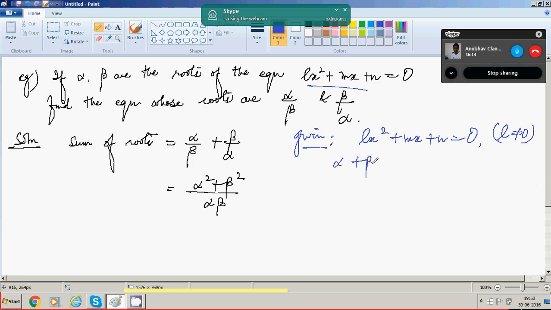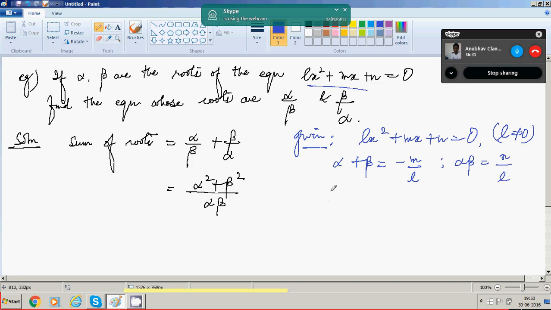So sum of roots is minus b by a, and alpha beta equal to product, c over a, n over l.